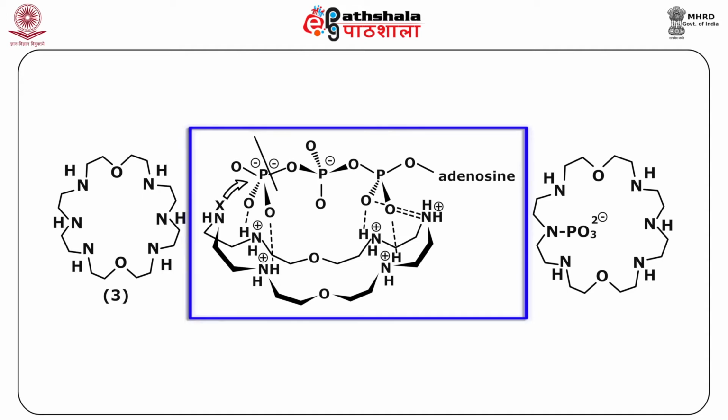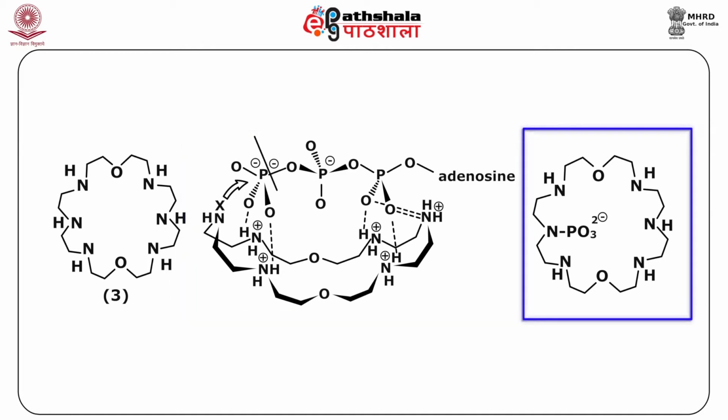The structure in the figure represents one possible binding mode of the ATP complex and indicates how cleavage of the terminal phosphoryl groups might take place. A transient intermediate identified as phosphoramidate is formed by phosphorylation of the macrocycle by ATP and is subsequently hydrolyzed.